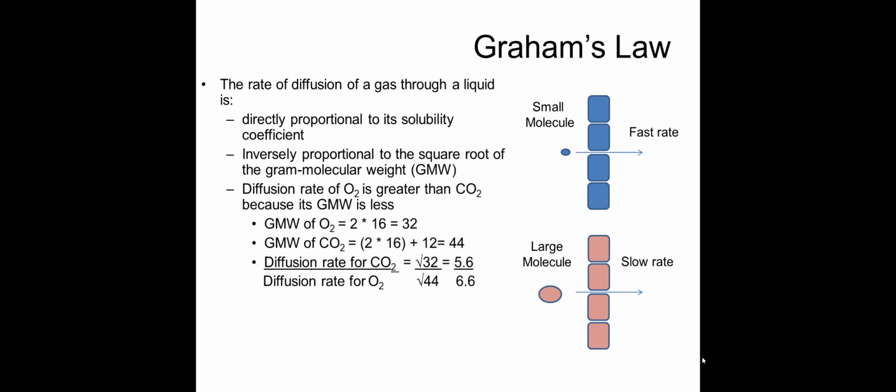So the gram molecular weight of oxygen is 2 times 16, because we've got two atoms of oxygen in the molecule O2, and this is equal to 32. The gram molecular weight of carbon dioxide is equal to 2 times 16. 16 is the gram molecular weight for one oxygen atom, so we've got 2 of them, plus 12, which is the gram molecular weight for carbon. Add them together, that gives you 44.